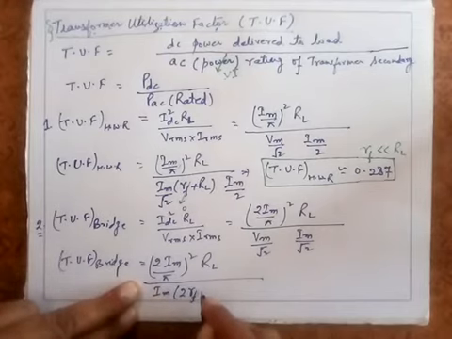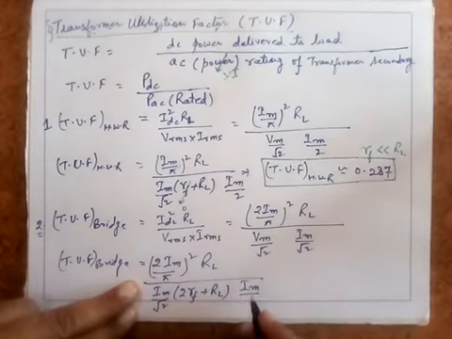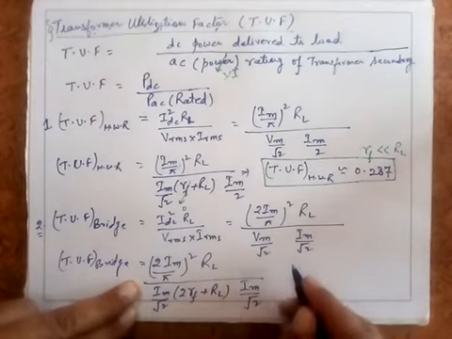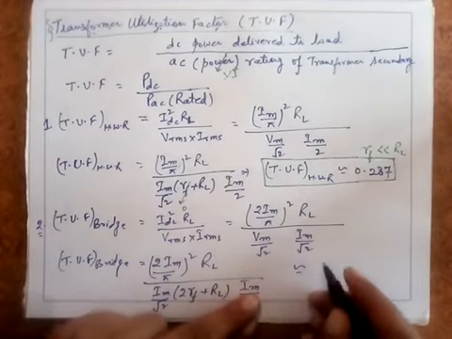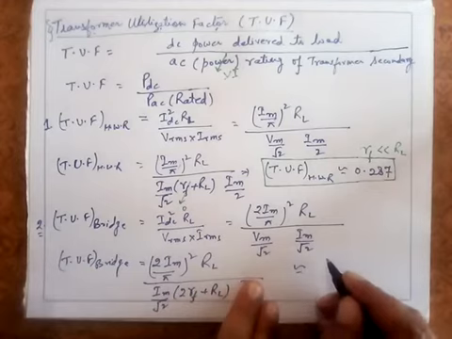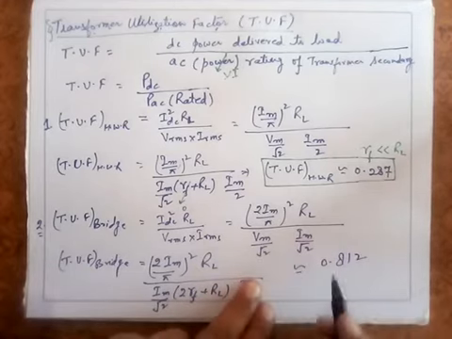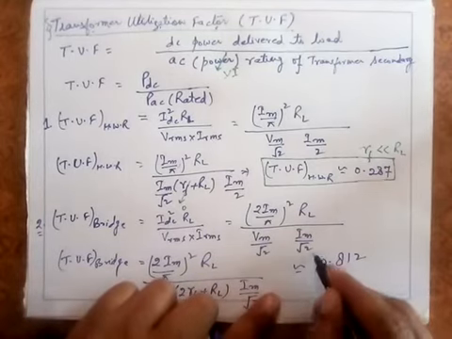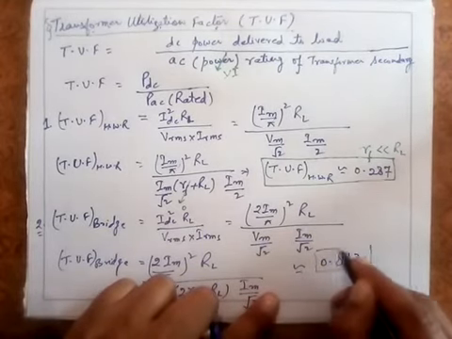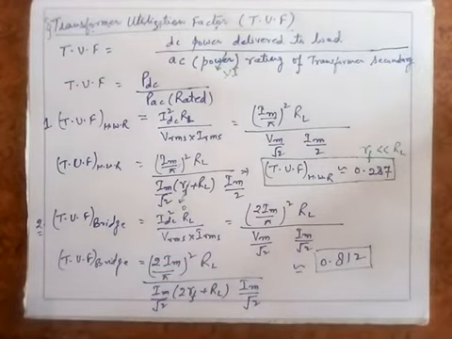This is how you do it, with root 2 upon root 2 and Im upon root 2. If you solve this out, it will give you approximately that the TUF of a bridge rectifier is approximately equal to 0.812. That is 81.2%. This is what you will obtain for a bridge rectifier.